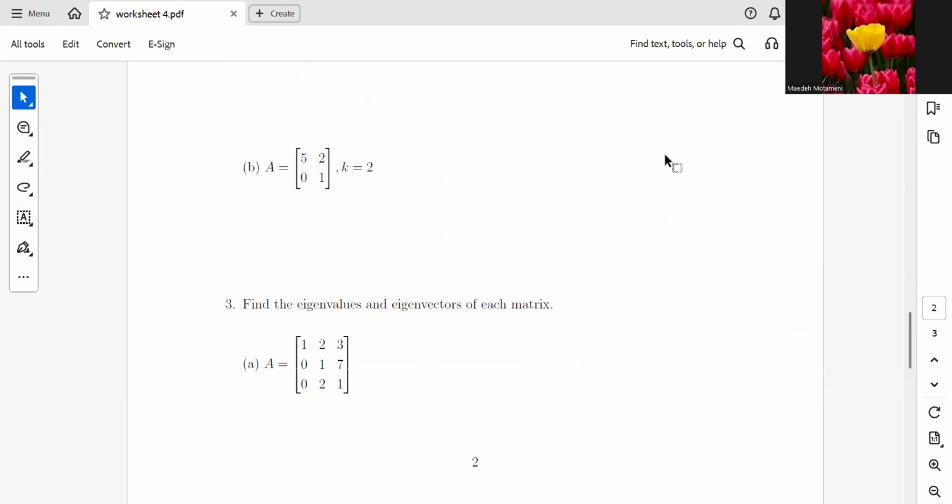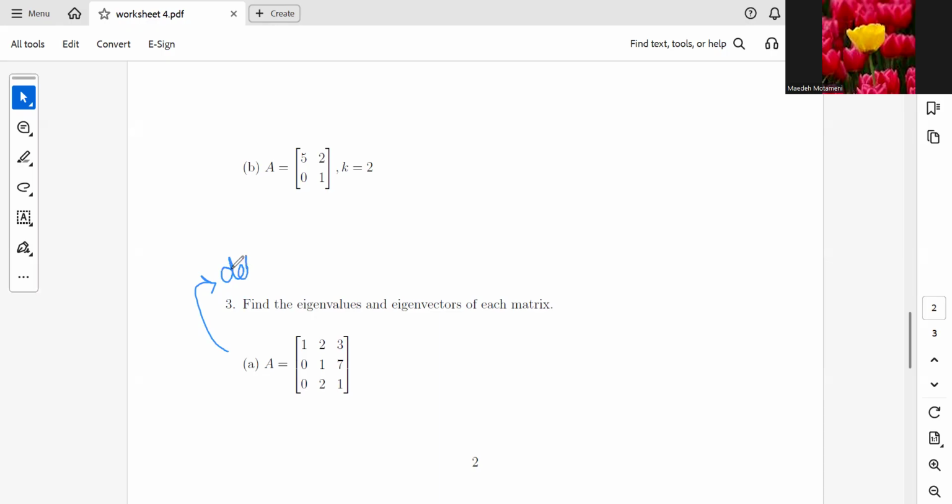Number 3. Find the eigenvalues and eigenvectors of each matrix. For the first one, we would say, let me write it here.